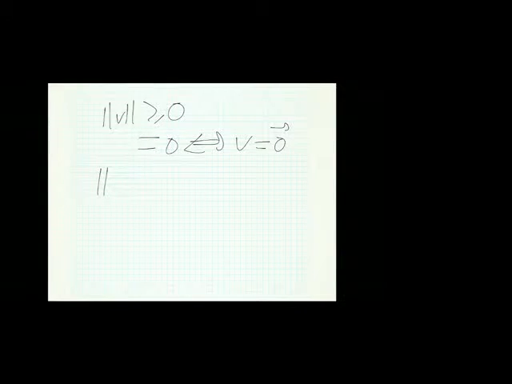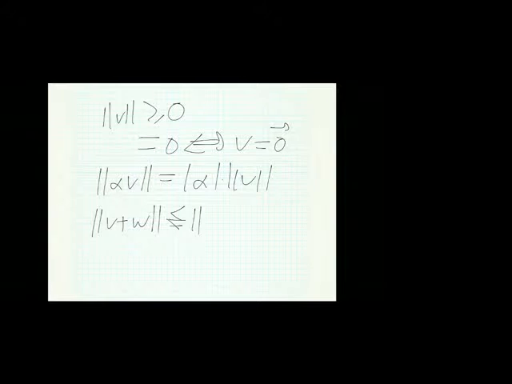Almost finally, the norm of a scalar times a vector is the absolute value of the scalar, that real number, times the norm of the vector. And then finally, what happens with addition? Well, the norm of a sum does not have to be the sum of the norms. That's too restrictive. It has to be less than or equal to the sum of the norms.